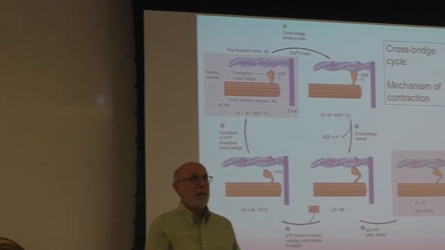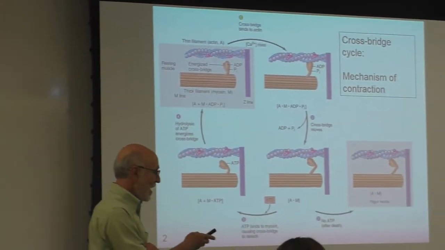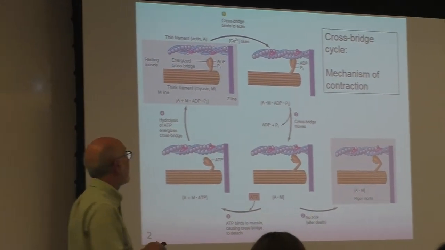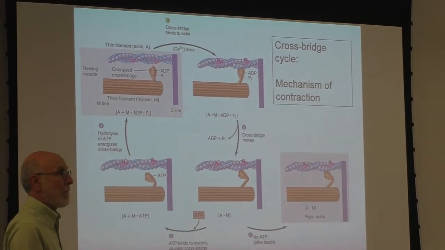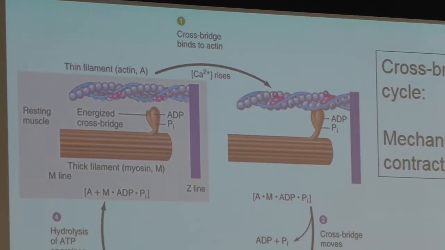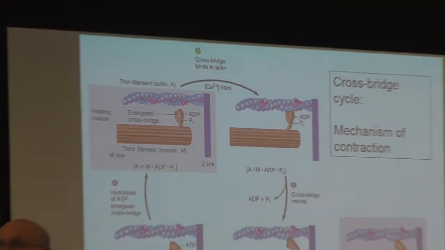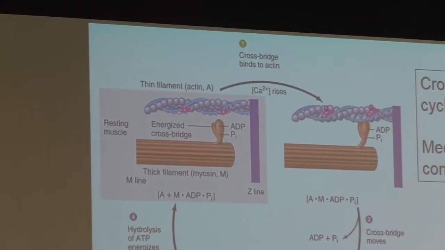So here's a slide that we finished up with on Tuesday. It was getting so hot in here that some of you may have been not thinking. I know I wasn't thinking clearly, so let's go through this again. In the relaxed state, when there is low intracellular calcium concentration, troponin and tropomyosin are in a configuration that occludes or blocks the availability of binding sites for myosin on actin.